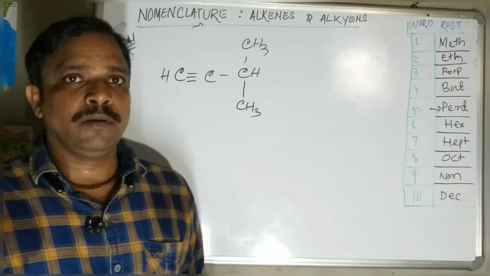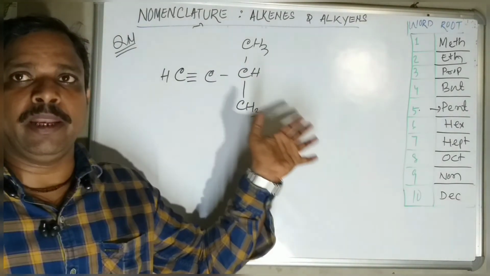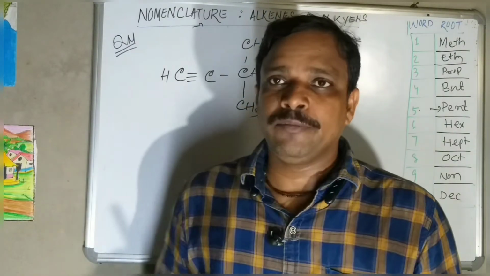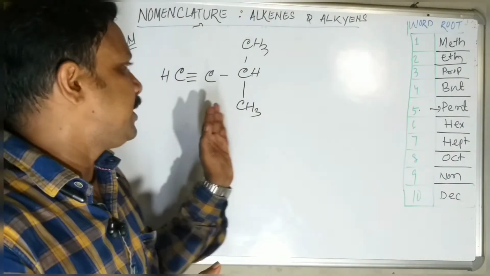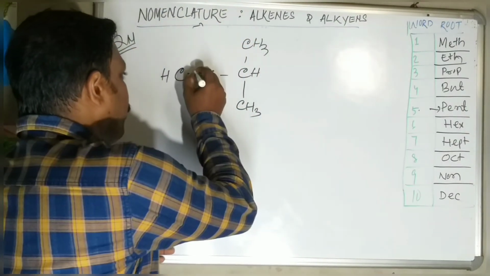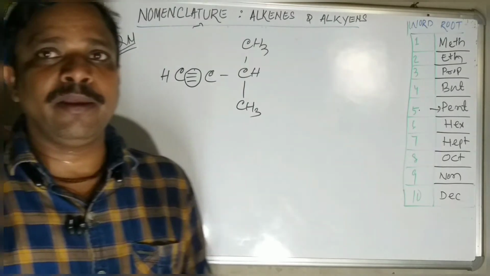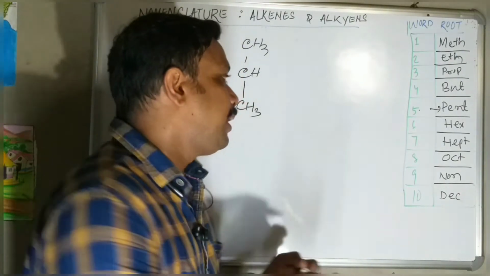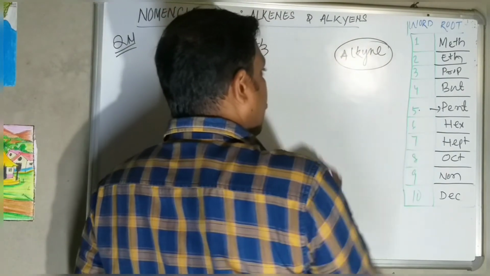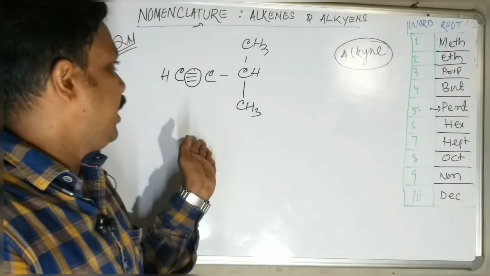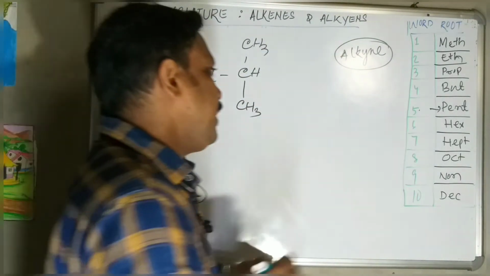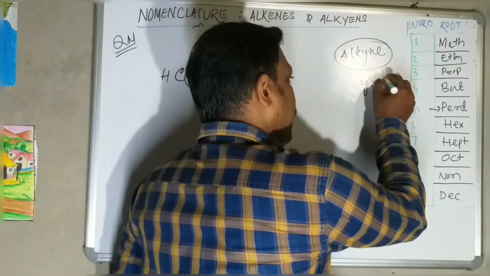Okay, so here is given an organic compound, find the IUPAC name of this compound. In this compound the functional group is a triple bond, so it is alkyne. When in a carbon chain the functional group is a triple bond, that is alkyne, the suffix is yne.